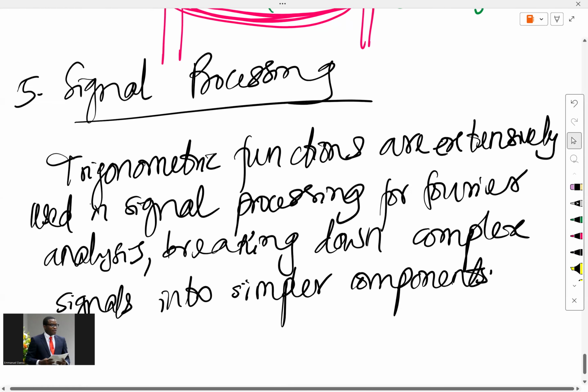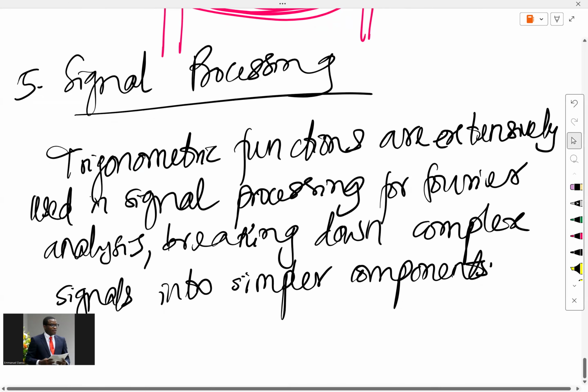That's why it's possible to break down sound and things like that into smaller bits using this kind of expression.